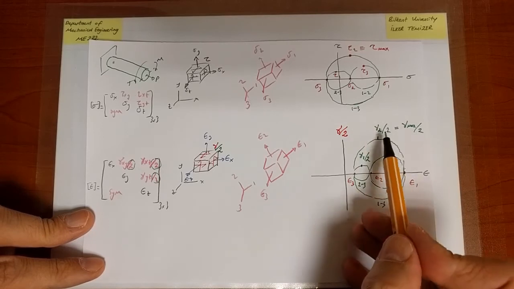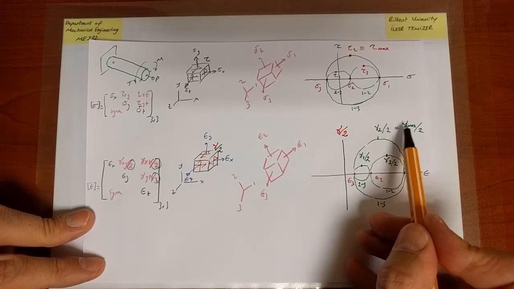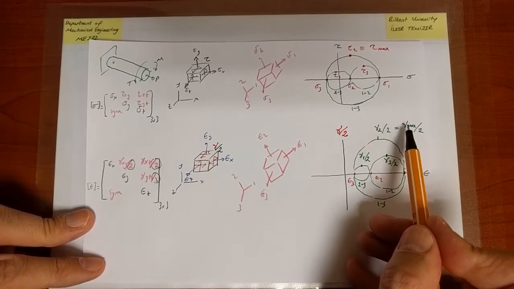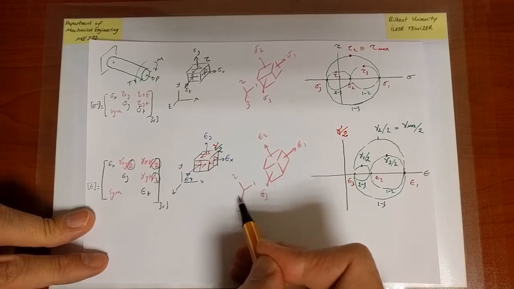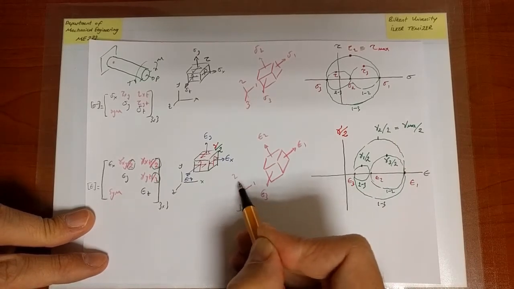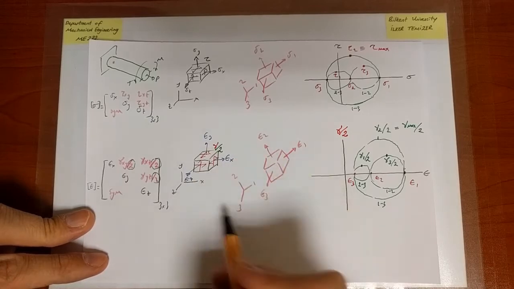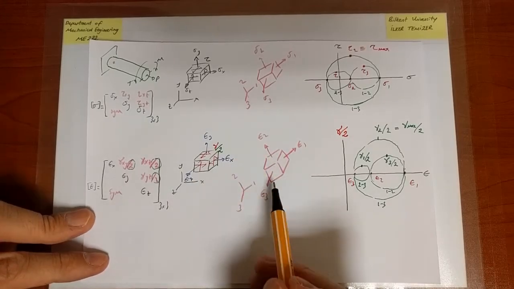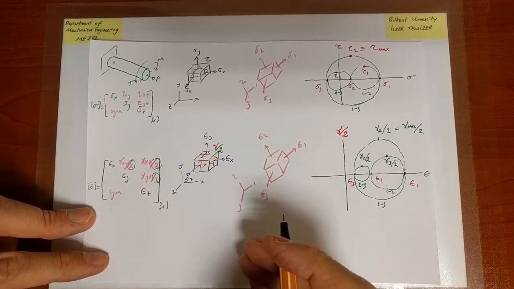And so in order to find that orientation, of course, I need to know the orientation of these principal strain directions. And the way to obtain that picture could be based on 2 methods. One, the eigenvalue approach.